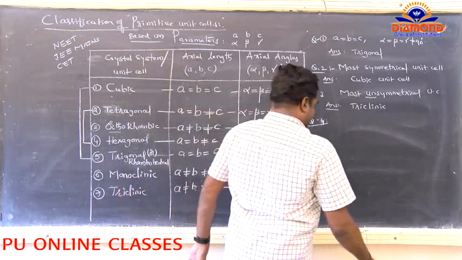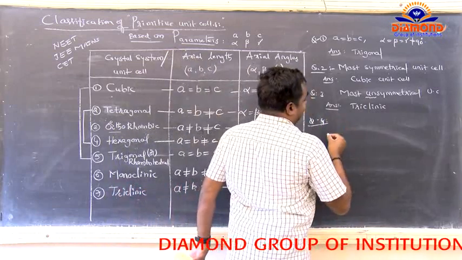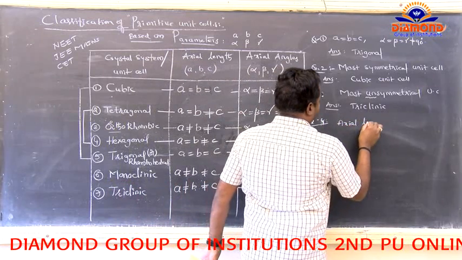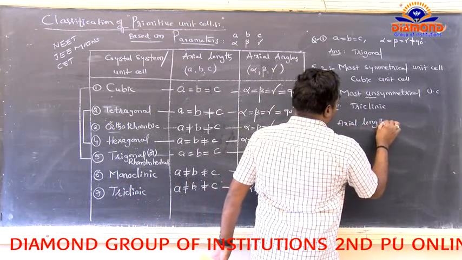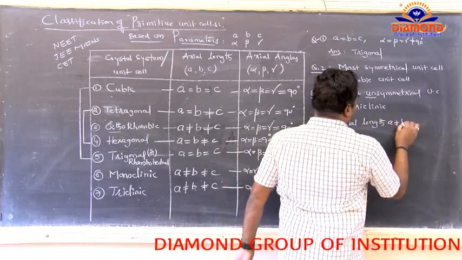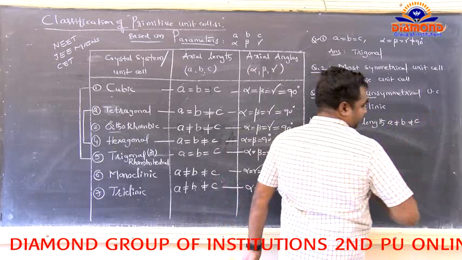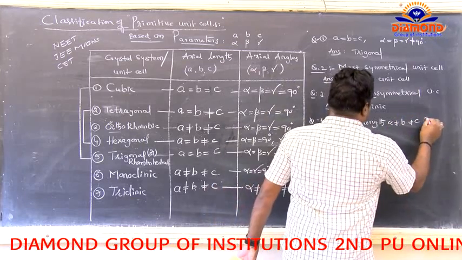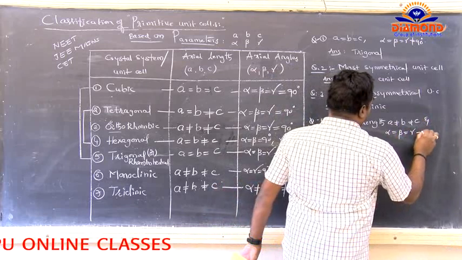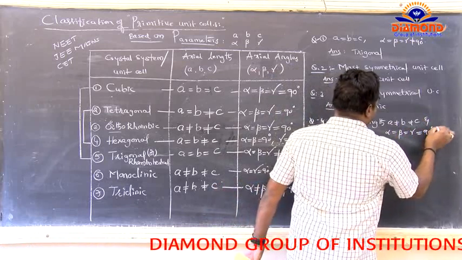Here, a unit cell has the axial lengths A not equal to B, not equal to C, and alpha is equal to beta is equal to gamma is equal to 90 degrees.